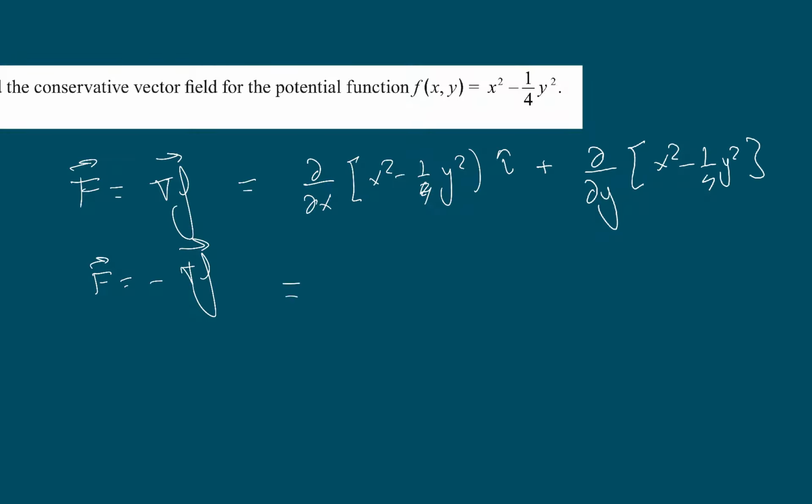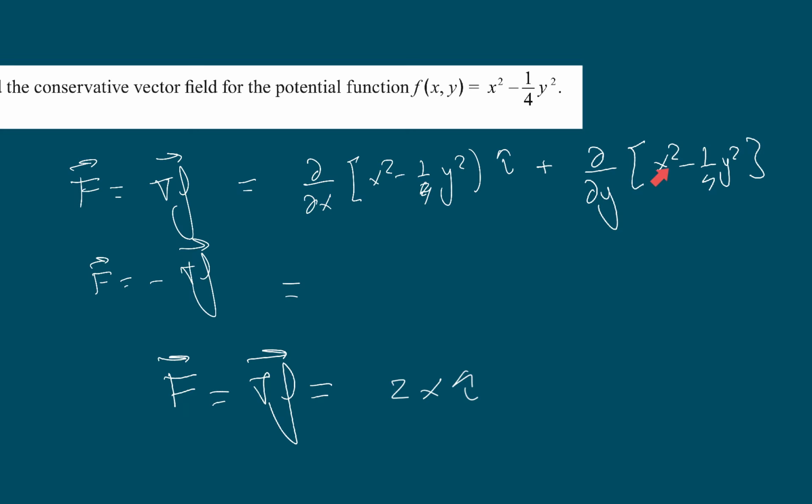And what will this be? So the vector field F, that is the gradient of f, will be the partial with respect to x. Here I see a 2x, and here I see a 0. So it will be 2x i.